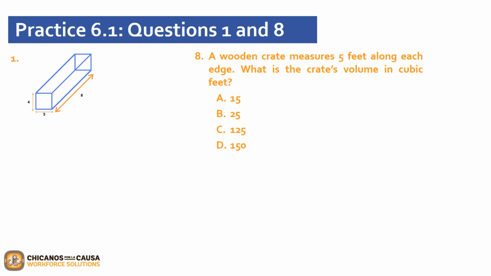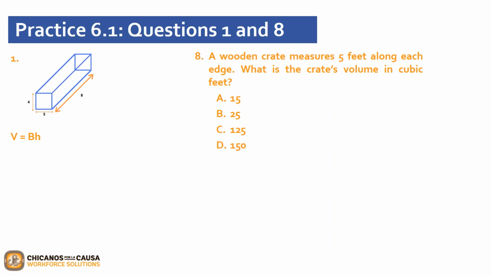Perfect, welcome back. So let's go ahead and start with question 1. Question 1 is asking us to find the volume. In this case, we have a shape. What kind of shape is it? Well, it looks like it could be a rectangular prism because it doesn't look like a cube, a cylinder, or a sphere. Therefore, the formula for a rectangular prism is volume equals base times height.